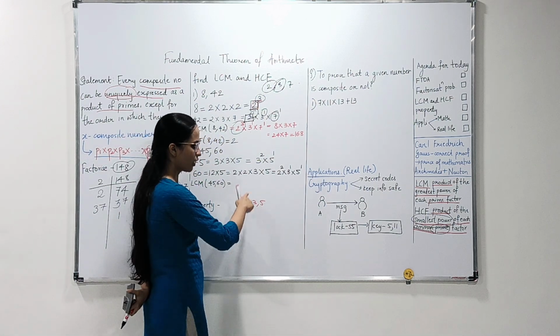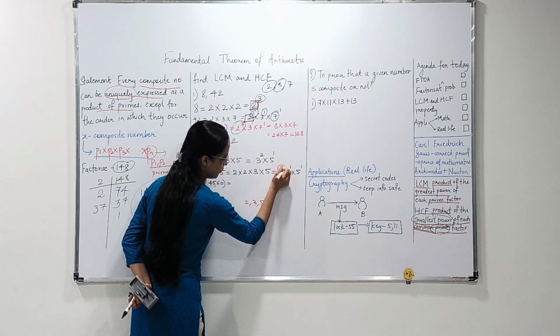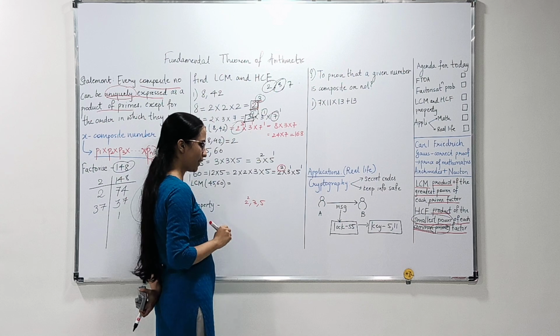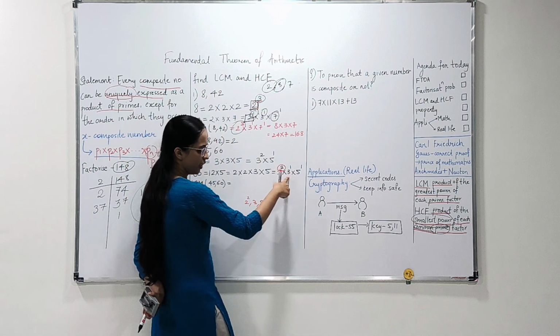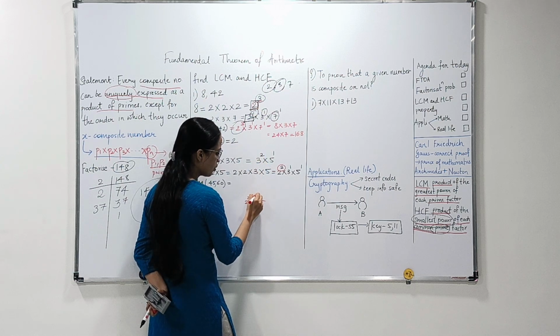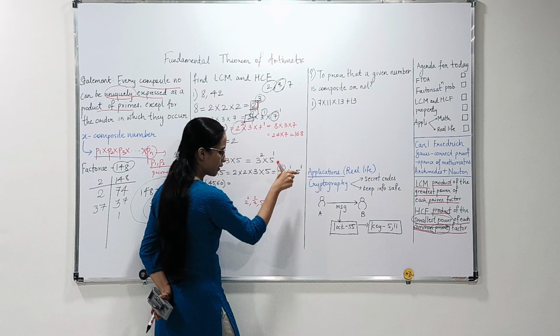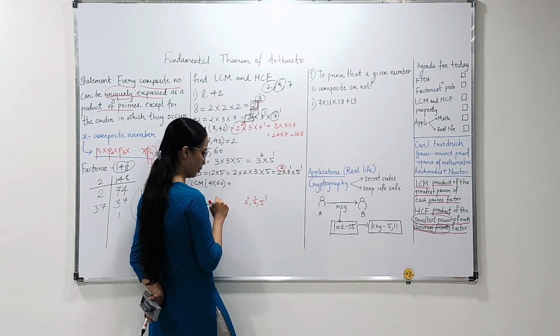Now what is the greatest power of 2 over here? You're absolutely right, it's 2. What is the greatest power of 3 over here? Here it is 3 raised to 1, whereas here it is 3 raised to 2. So we are going to take 3 raised to 2. Whereas the power of 5 in both the numbers is 1 only.